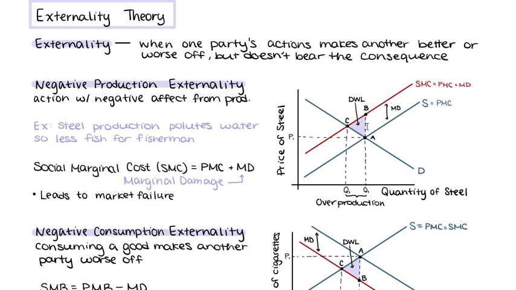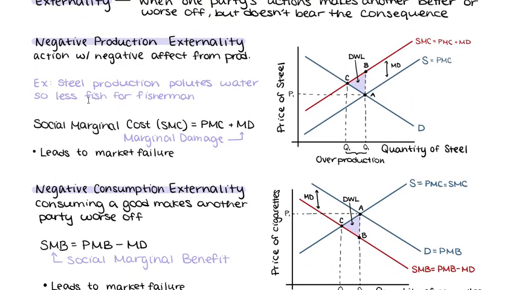Eventually it's here, so we have the deadweight loss. This triangle's area is deadweight loss from negative production externality, and in this case the fisherman bears it. It's because it's overproduction.